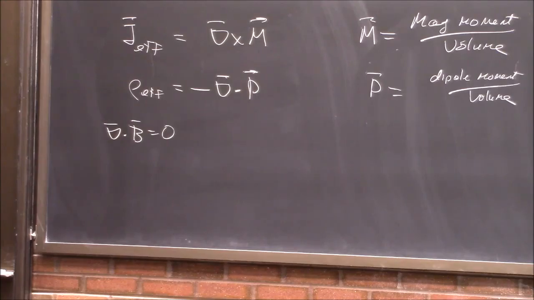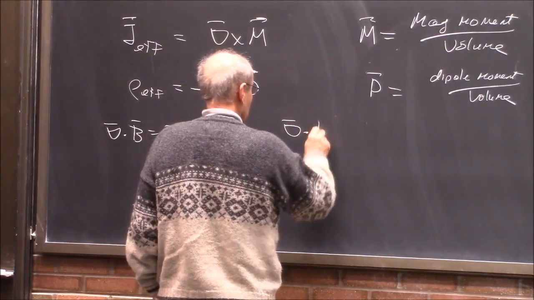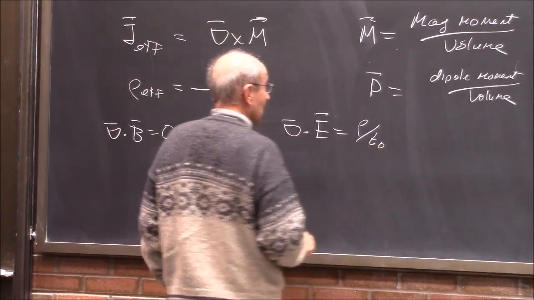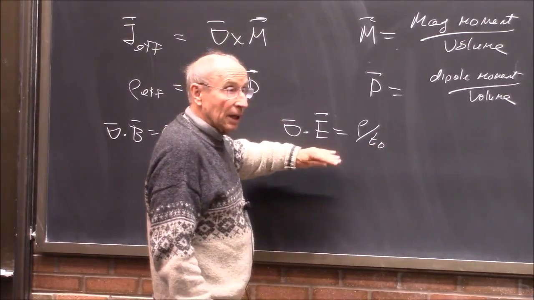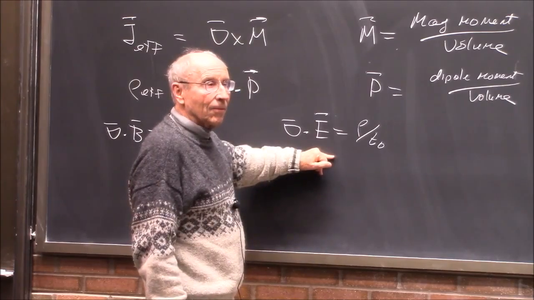They're closed loops, so there was no net production, and therefore the divergence was equal to 0. In the electric case, the divergence of E is equal to rho over epsilon 0, because for electric fields, point charges produce lines.